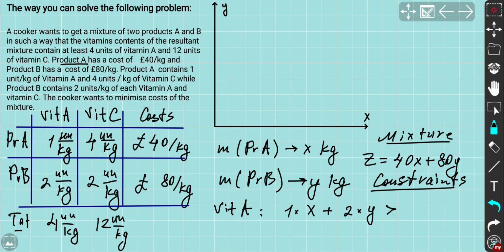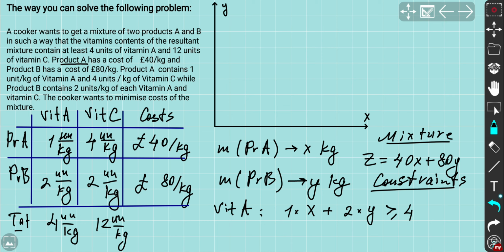So the total number of units in both product A and product B is going to be greater than or equal to 4 units in total.